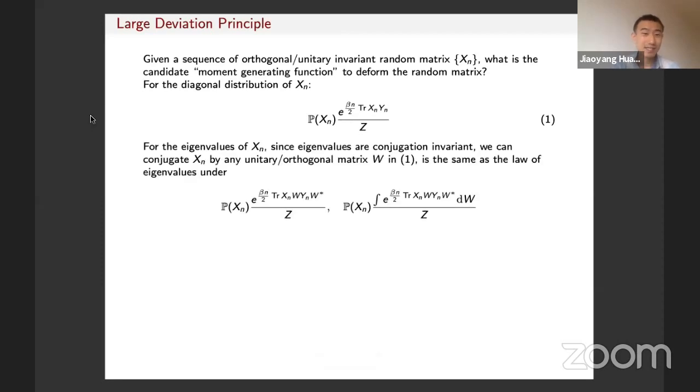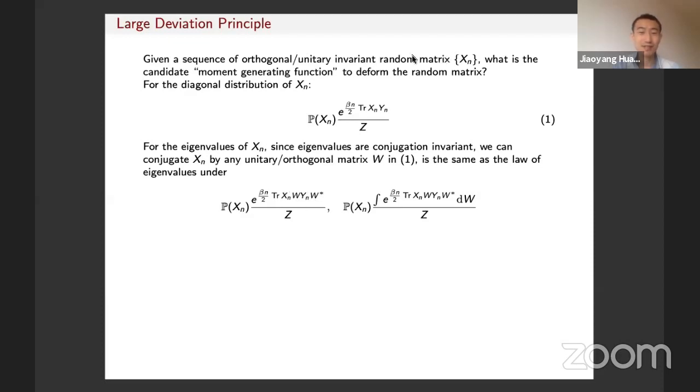And for the eigenvalues of Xn, it turns out we need to do something slightly more sophisticated. Since the eigenvalues are conjugation invariant, we can conjugate Xn by any unitary or orthogonal matrix W in equation 1, and the law of eigenvalues of Xn will not change. So this becomes, when we conjugate Xn by W, the trace of Xn W Yn W star.